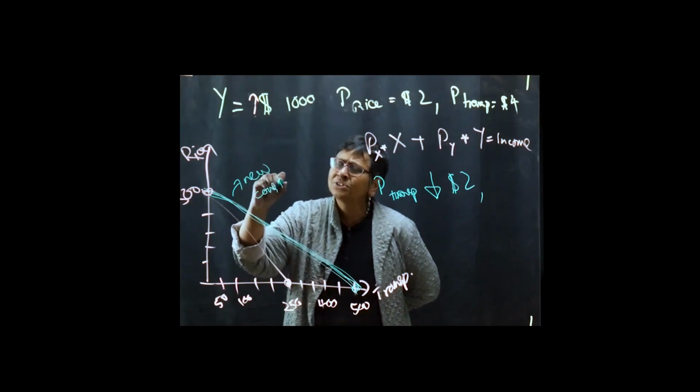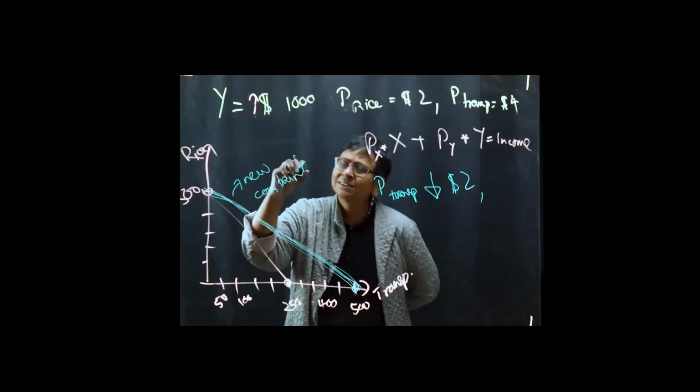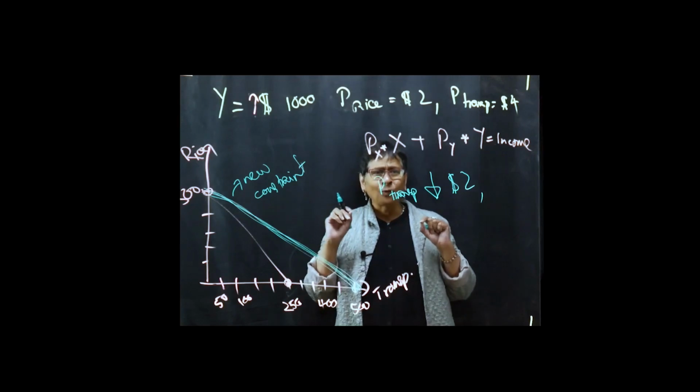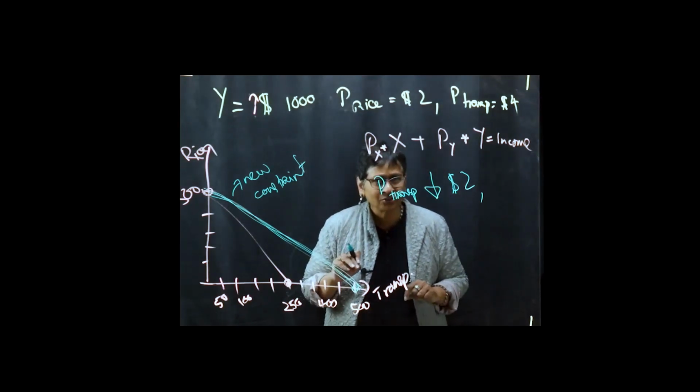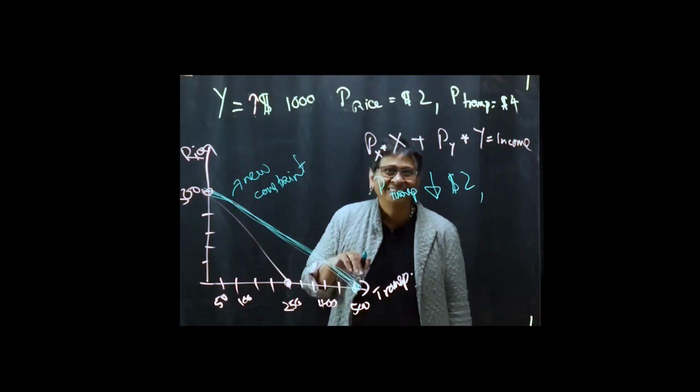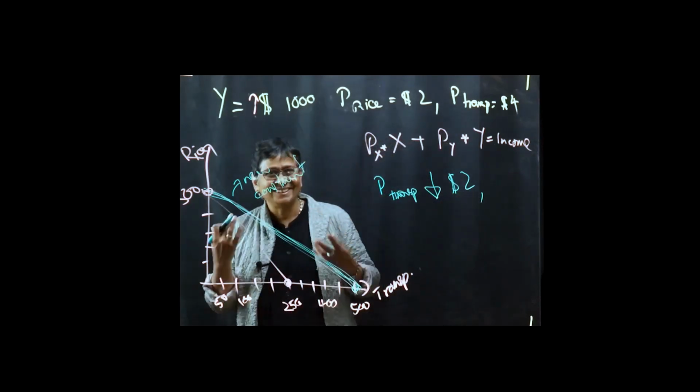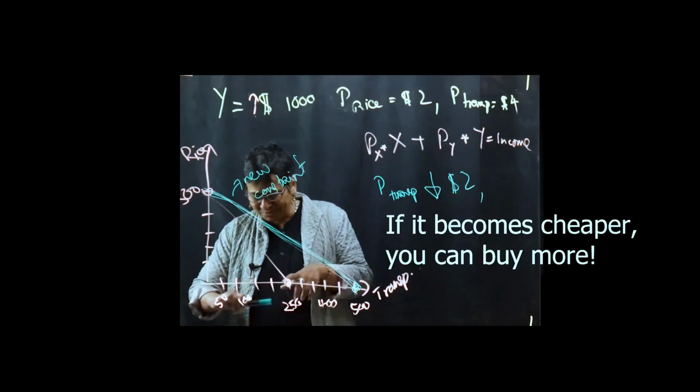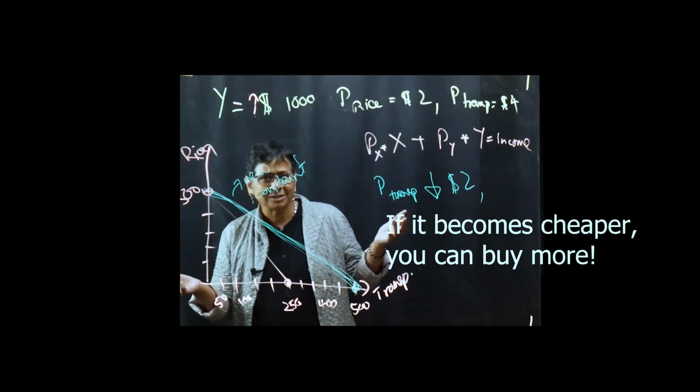So can you see that the effect of price decreases is kind of like the effect of income increases or growth? And it makes sense, right? If something becomes cheaper, you can buy more of it.